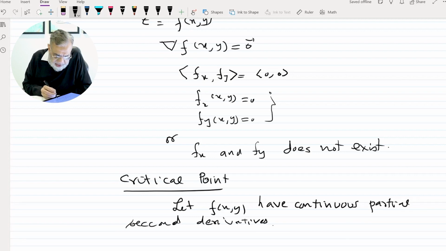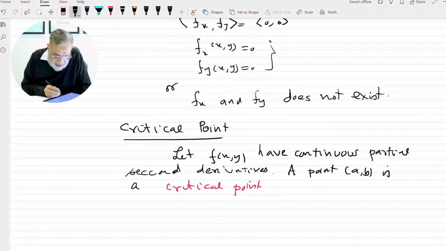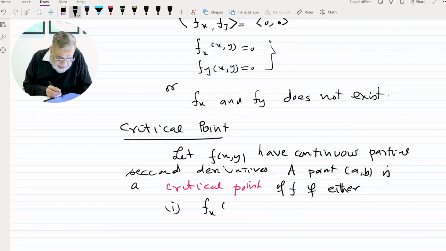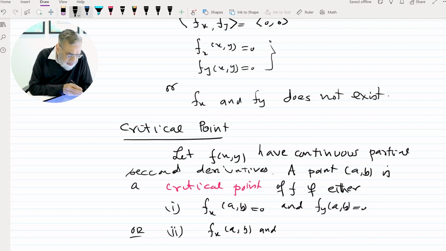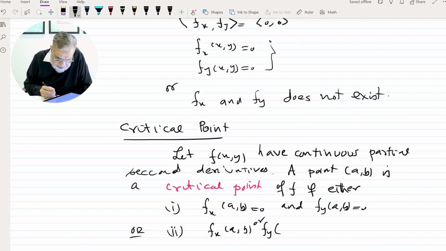A point (a,b) is a critical point of f if, number 1, f_x(a,b) equals 0 and f_y(a,b) equals 0, or number 2, the partial derivatives f_x(a,b) or f_y(a,b) do not exist.